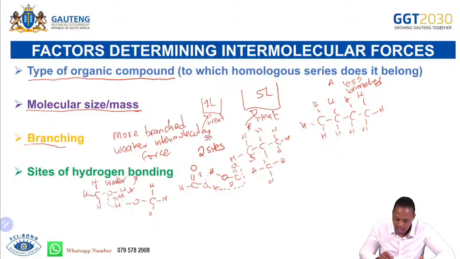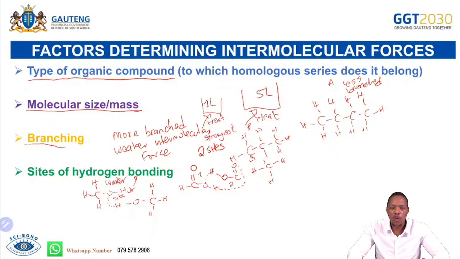So carboxylic acids become the strongest. None is stronger than the carboxylic acid, at least in our scope of grade 12 technical science.